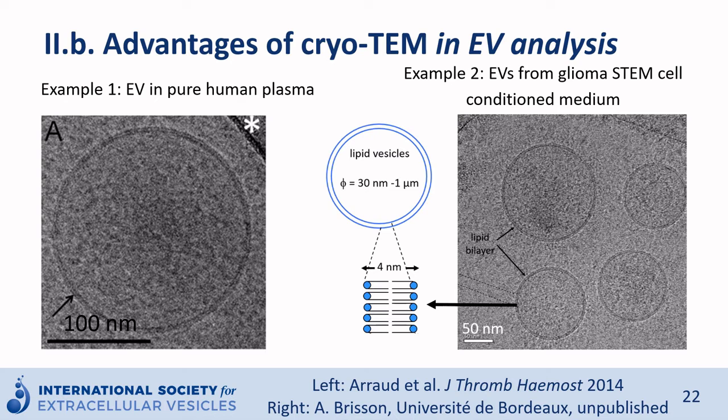On the left, an EV from pure human plasma, and on the right, a group of EVs from a glioma stem cell conditioned medium. On these images, all EVs present two dark lines separated by about 4 nanometers at their periphery.